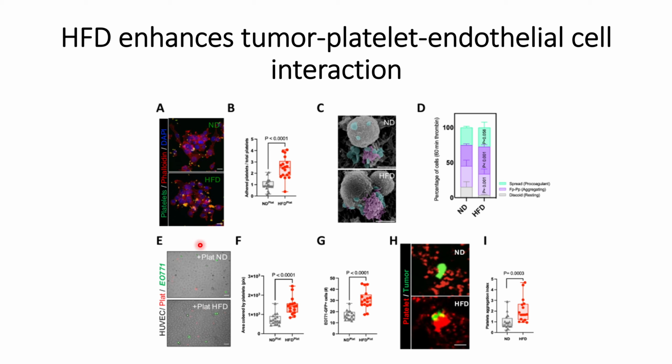So for that they used HUVEC cell-coated wells, and then added the platelets and the tumor cells. What they found is that platelets from the control mice adhered less to the HUVEC cells compared to platelets from the HFD diet mice, and the tumors also adhere more in that case.